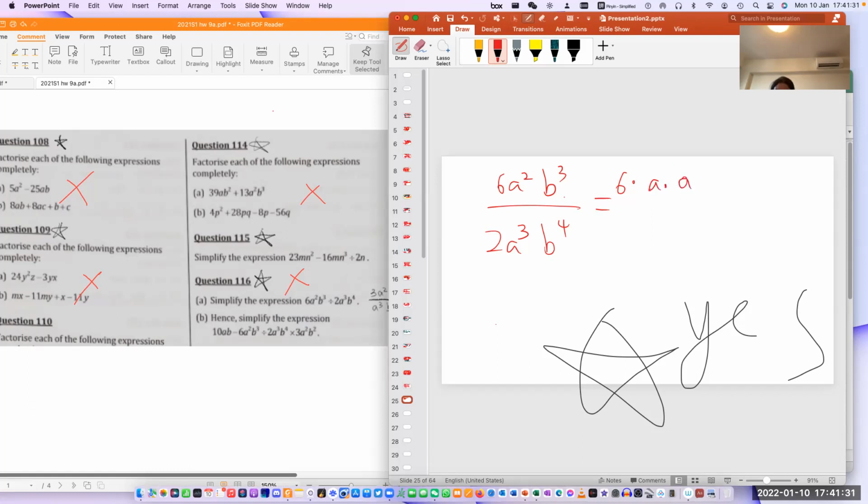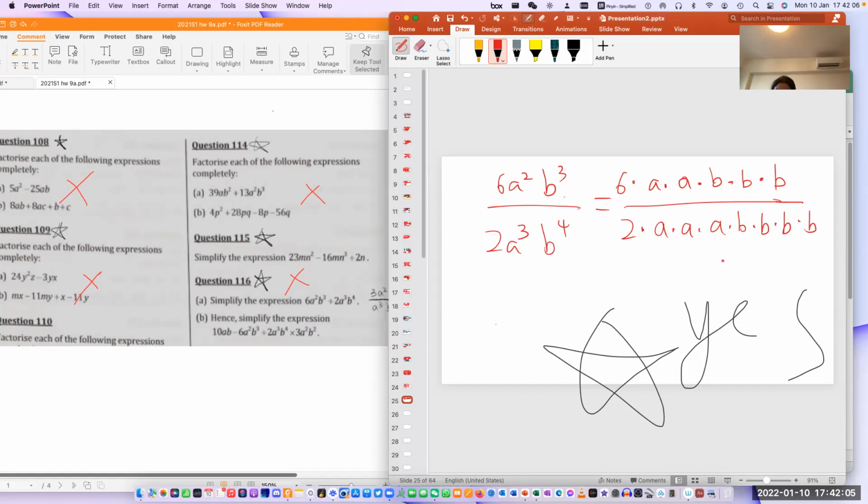I'm not going to use a times sign because the multiply sign can be seen as an x, so I don't want to confuse my students. I use a dot in between. So I have two a's, I have 3b. Okay, so I have expanded the numerator. Similarly, I need to expand the denominator. So 3 a's, then 4 b's.